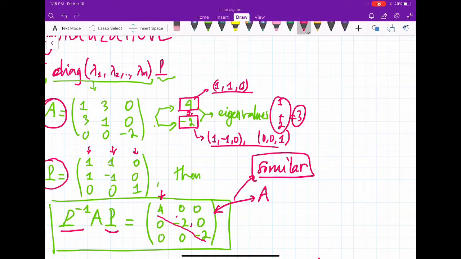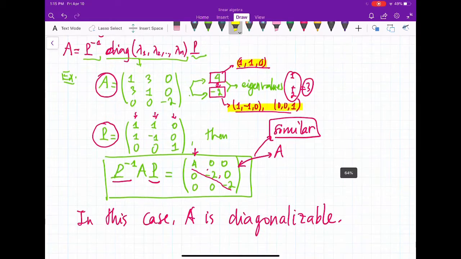At the same time, for 4, we have one basis vector 1, 1, 0 for that eigenspace. Of course, these 3 vectors are linearly independent. It is easy to check. So A has 3 linearly independent eigenvectors. At the same time, A is a 3 by 3 matrix, representing some linear transformation in R3, or in 3-dimensional space. So that's why this matrix is diagonalizable.